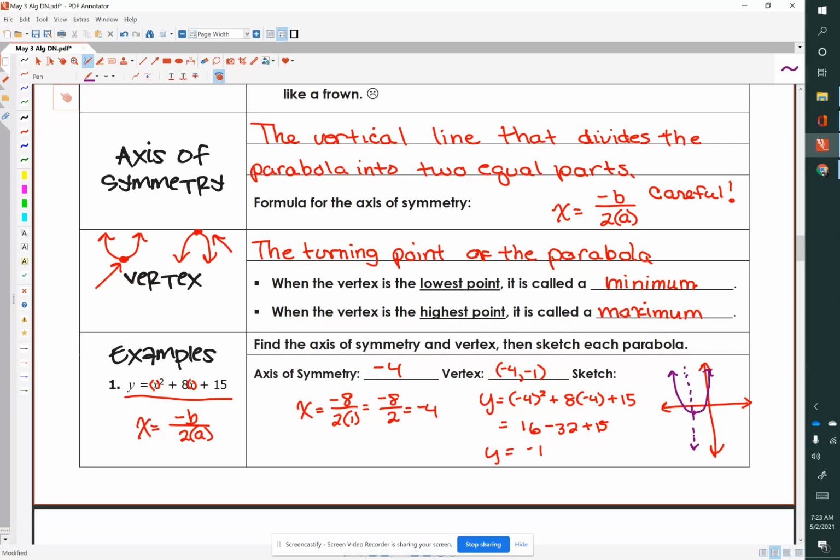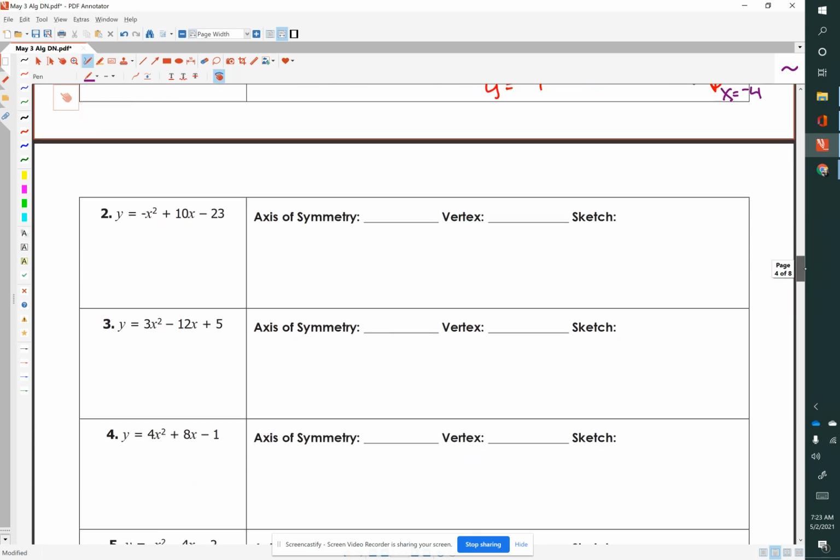And there's our axis of symmetry. So the vertex, negative 4, negative 1, and our axis of symmetry, x equals negative 4. Just a rough sketch, that's all we're doing.